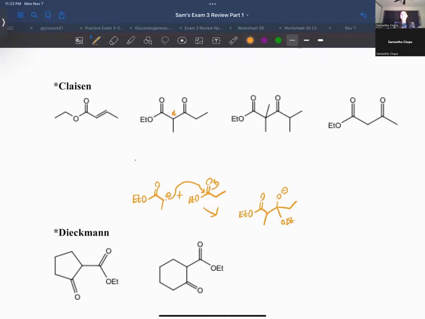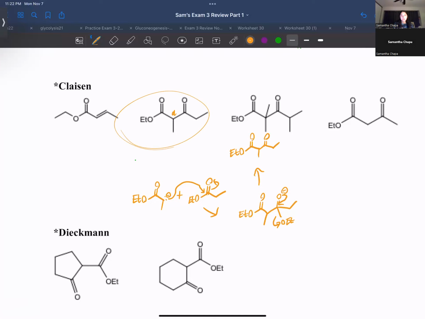So that's what you have. And then you remember that the ester group is a good leaving group. So then when you reform your carbonyl, this leaves, and you get this right here, EtO. Which is exactly like what I did here.